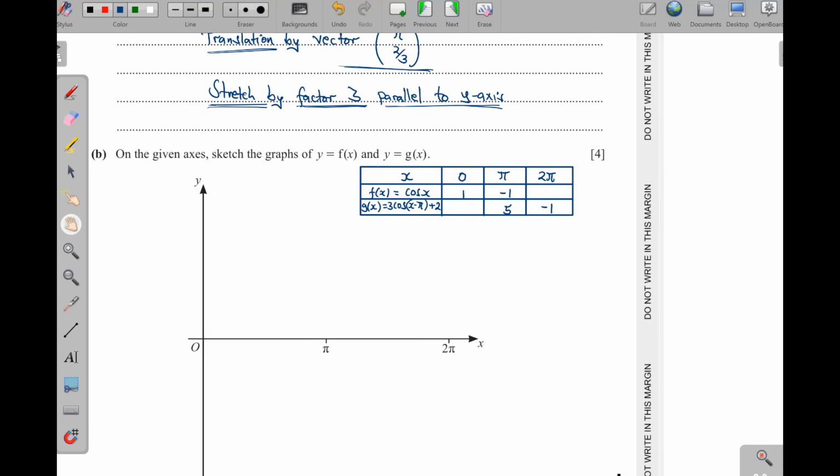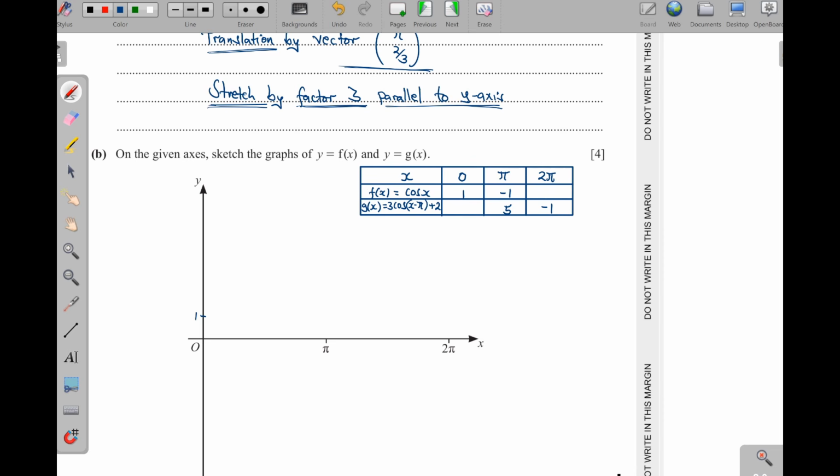So when I draw, I will have, let's say this one here is a 5. And of course, the maximum for this one has to be a 1. Yes.